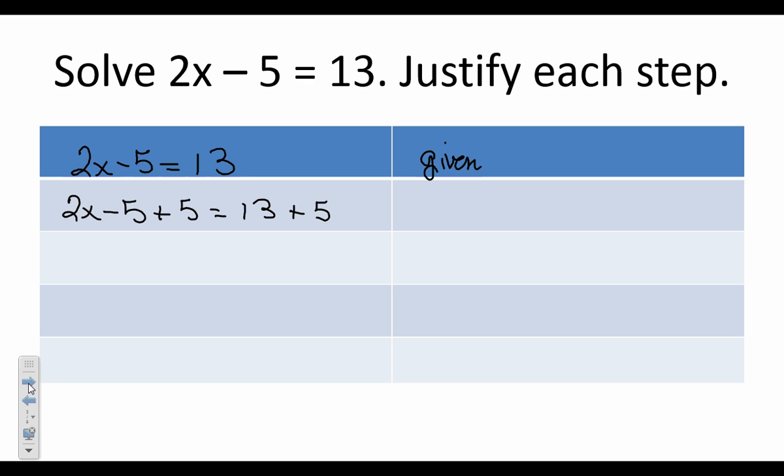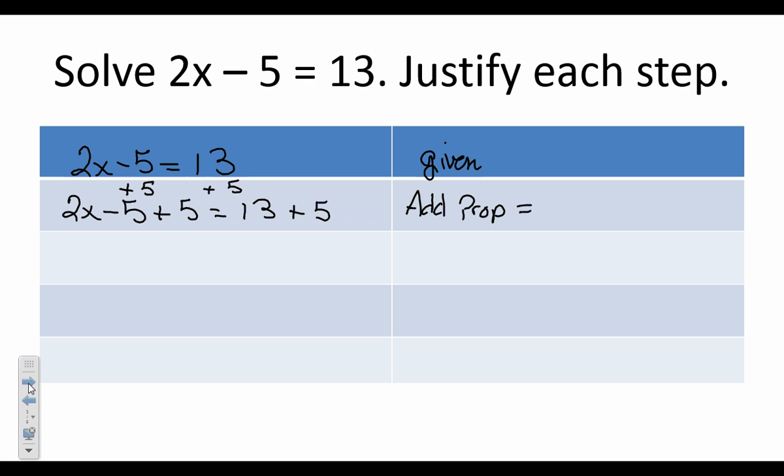Most of the time, we just do this. It's right here where it says solve. Yeah, we did this last year. What tells us we can do this? What property? Addition. Okay? So our reason for this is the addition property of equality.